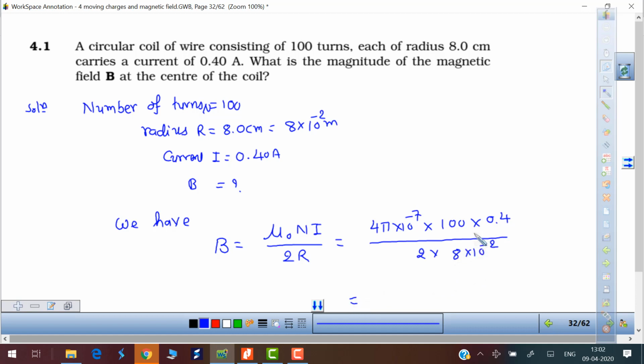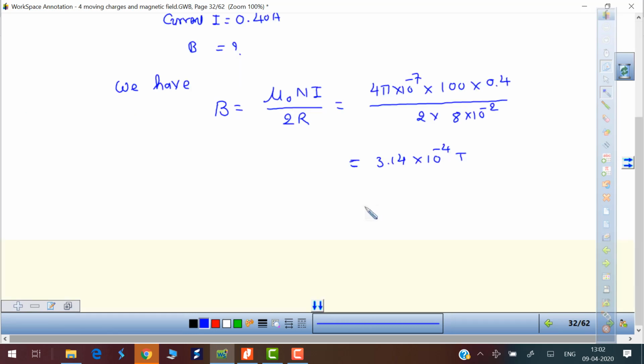So you can simplify this and you will get 3.14 into 10 raised to minus 4 Tesla. Okay, so this is the magnetic field at the center.